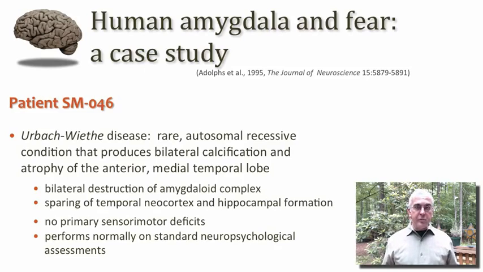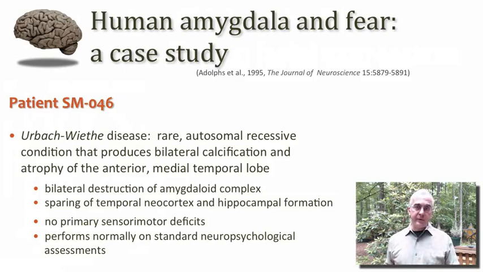Yet she had real problems in her daily life, and the challenge to the investigators was to come up with a better means of testing her functions in the clinical setting that would resemble real-life experience. So they decided that they would really focus on the capacity of this patient to read emotion in the human face. And so they did a series of studies that were reasonably well controlled.